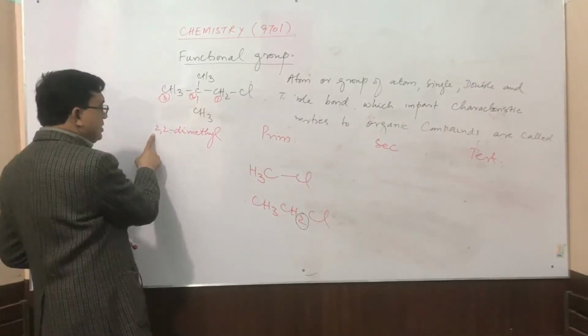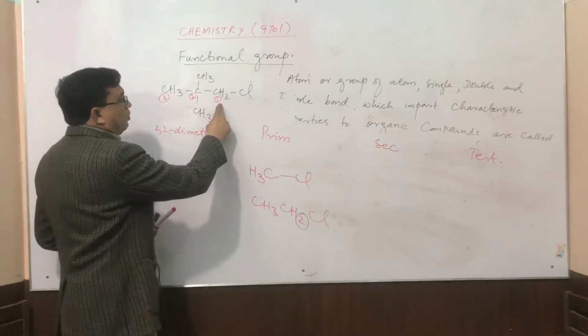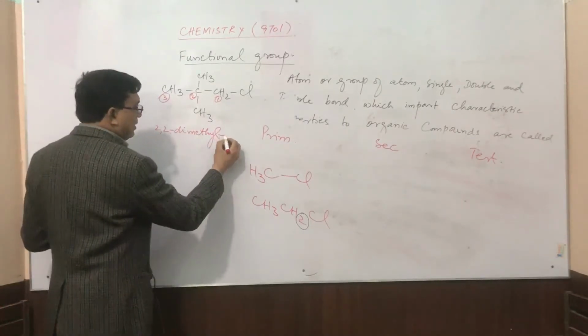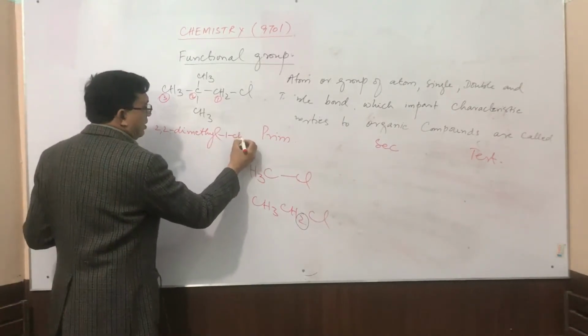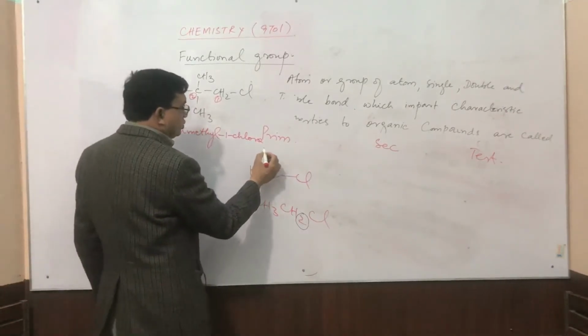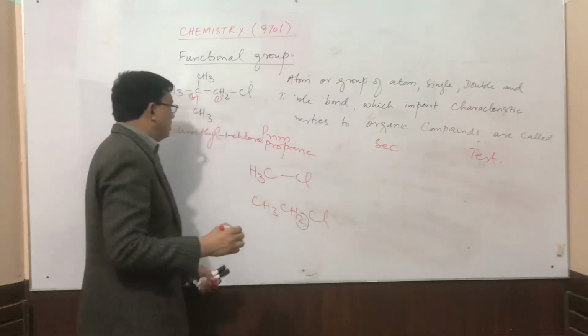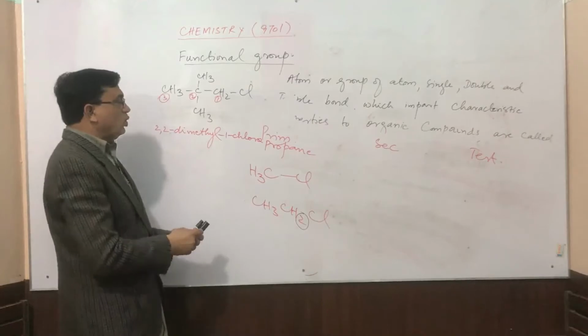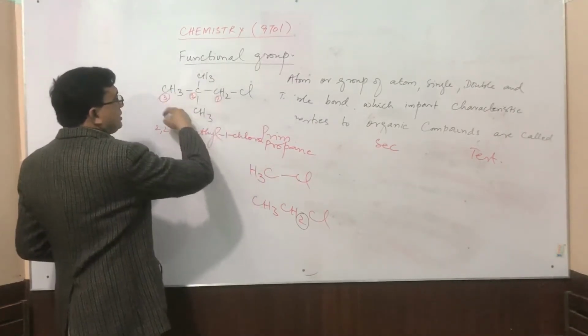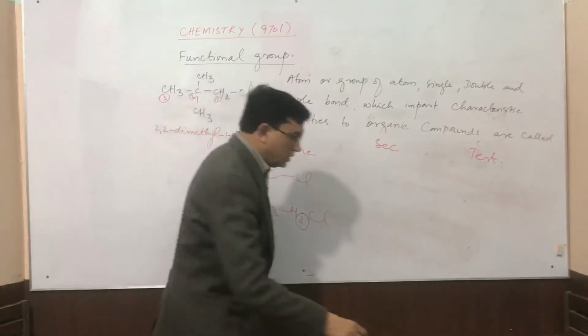That's why this is mentioned as 2,2-dimethyl. Then 1-chloro. How many carbon atoms are there? 3. So name will become propane. 2,2-dimethyl-1-chloropropane, and this is also the formula for the primary halogenoalkanes.